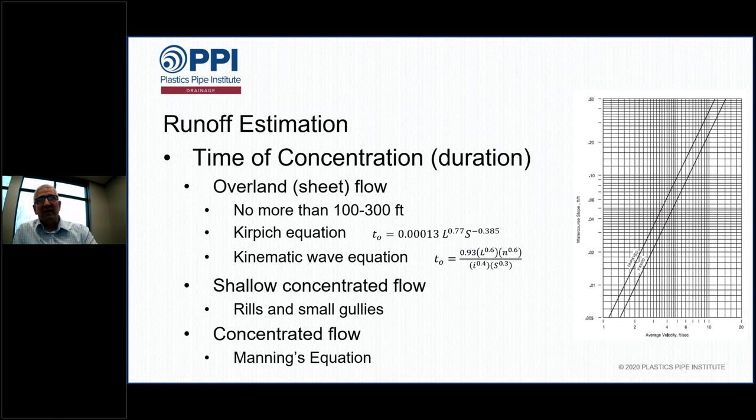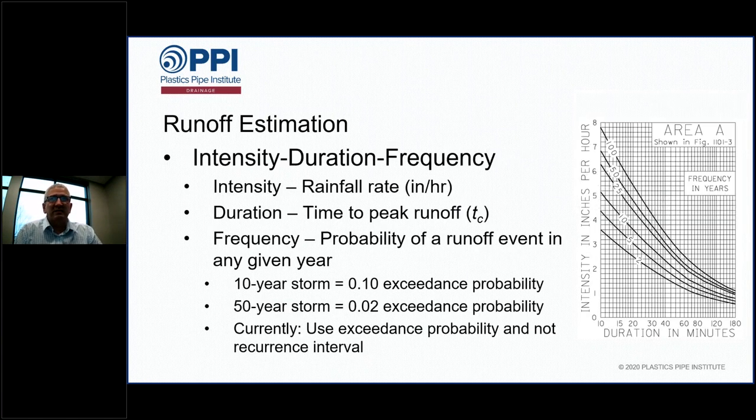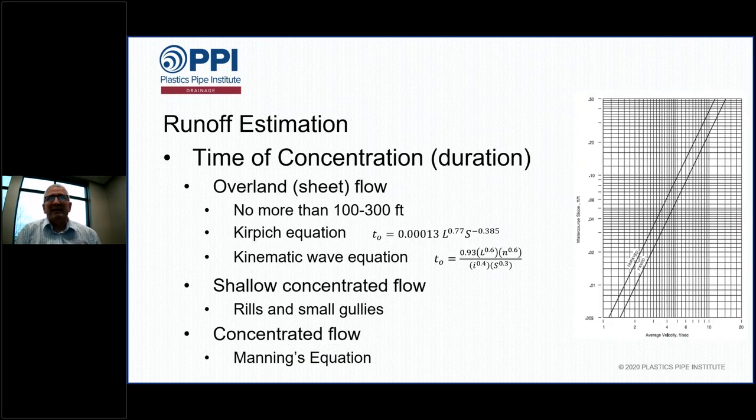If you go back one slide, what we're trying to target here is the intensity from the duration and the frequency. So you'll notice, to get the intensity, we have to know the time, so this is circular and this is an iterative equation, whereas the Kirpich is not. Kirpich is just based on the length of the basin and the slope of the basin, and that's it. So from a calculation standpoint, I prefer Kirpich just because it's easier.